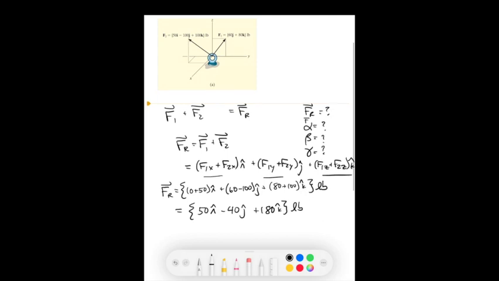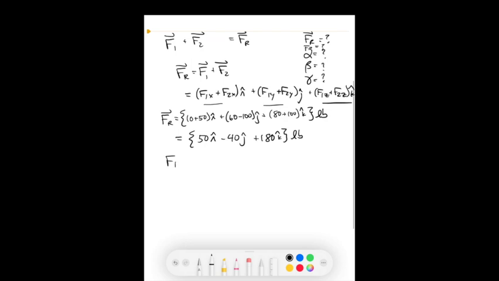What we want to find is the magnitude of that. And the magnitude we know is the square root of the squares of FRx, FRy, and FRz.